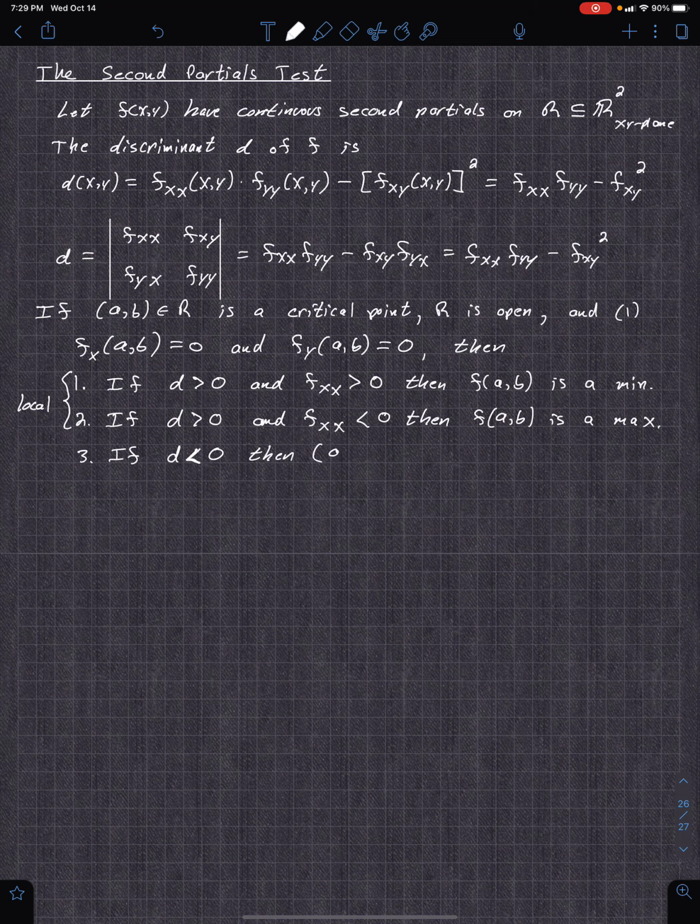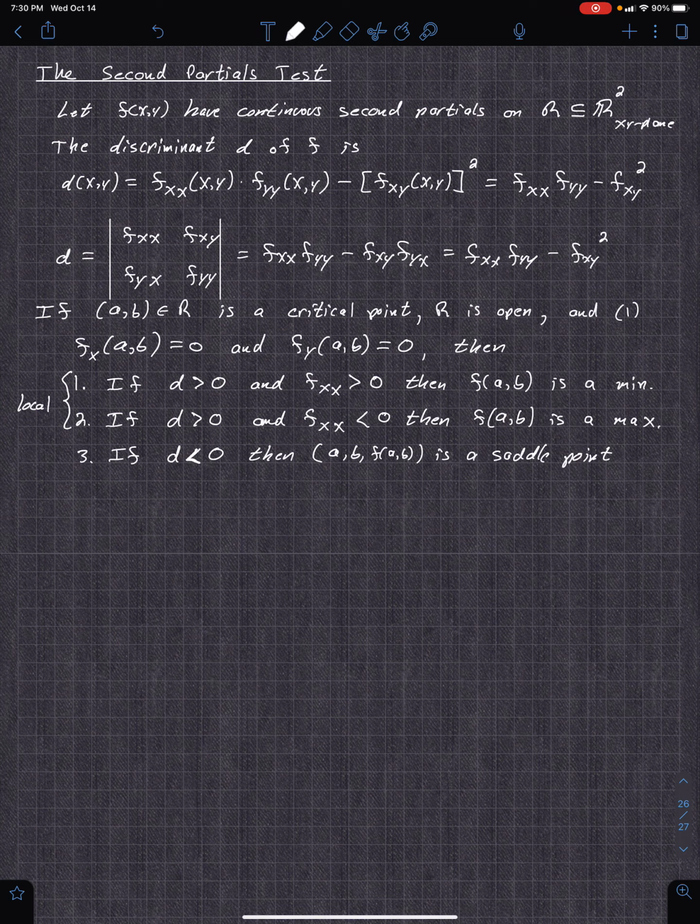A saddle point would be like the Pringle, or the hyperbolic paraboloid. So the hyperbolic paraboloid is the saddle point situation. You have it going up like this and down like this. So that's the saddle point case.